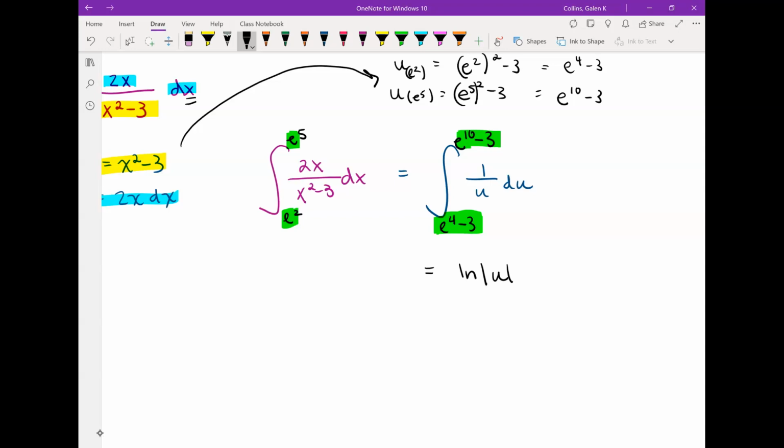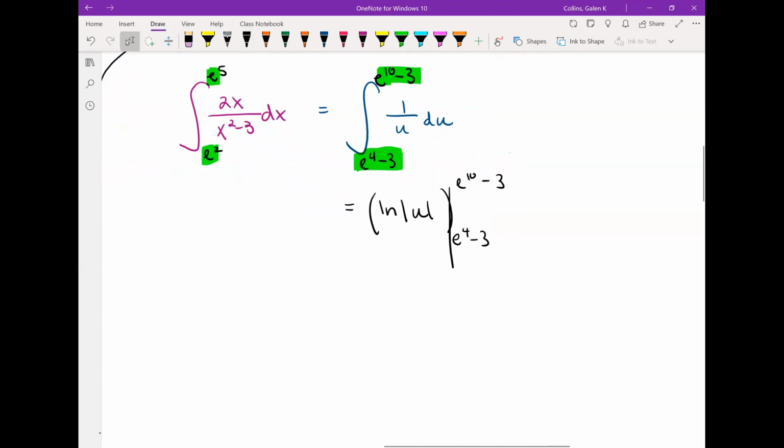And remember, when we have a definite integral, we don't need the plus c, but I could evaluate this from e to the 4th minus 3 as my lower limit and e to the 10th minus 3 as my upper limit. Or I have the choice to do the u substitution. So I could go back and substitute for u x squared minus 3 and evaluate this for my original limits in terms of x.